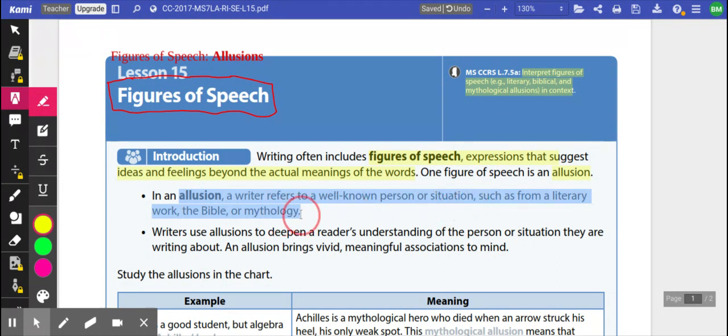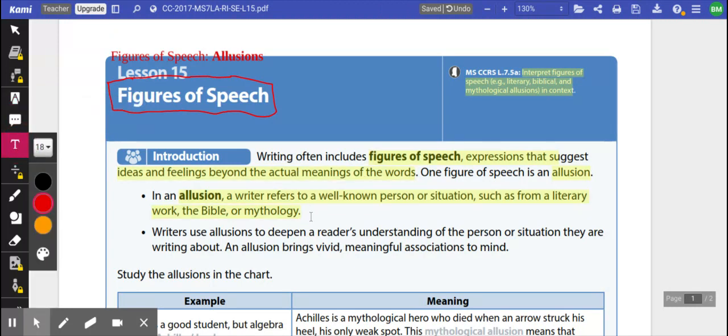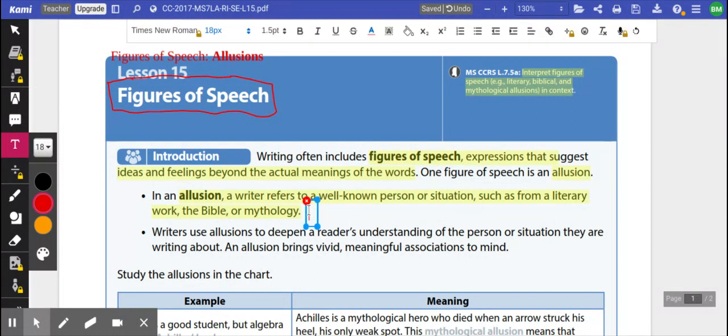And in an allusion, a writer refers to a well-known person, situation, or situation such as a literary work, the Bible, or mythology. Miss Murray is even going to add something extra because I can't just sit here and let that be it. You also have historical allusions and cultural allusions.